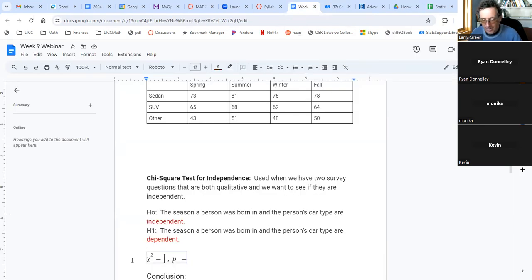So 0.48, and then p-value is 0.998. Any questions on that?